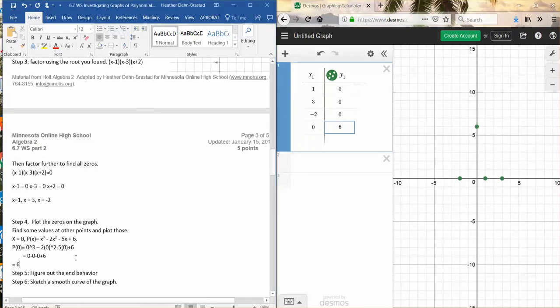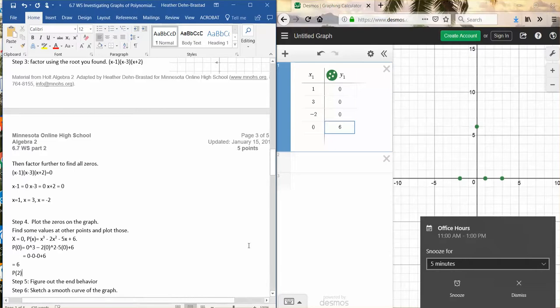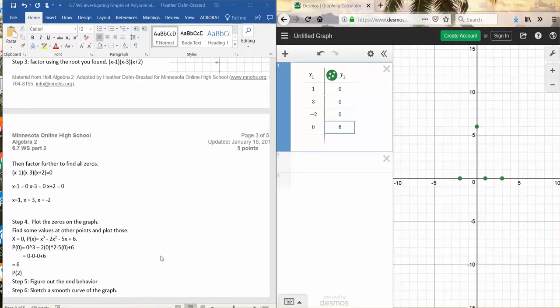Let's find in between these two zeros, this is at 1 and 3. So let's do one at 2. Let's see what p of 2 equals. So p of 2 would equal, we're just going to replace each of these x's with 2. So we'd have 2 cubed minus 2 times 2 squared minus 5 times 2 plus 6.